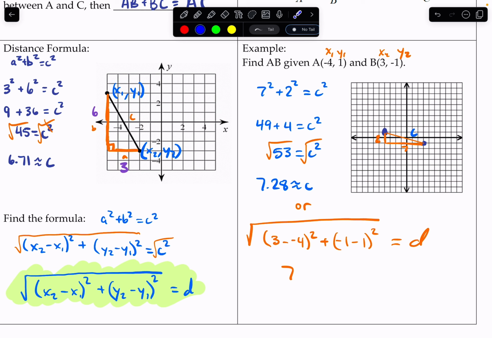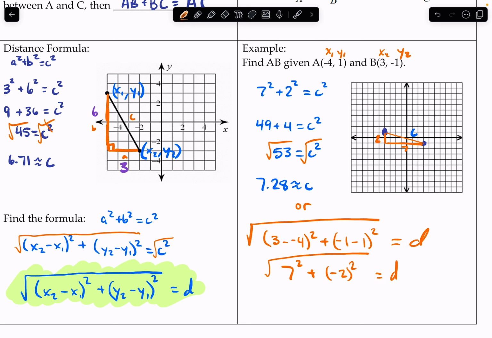That's what we got as our distance already using this other method. -1 minus 1, better not forget that exponent. -1 minus 1 is -2, but we're going to square that in a second. Even though here we got 2, well, 2 times 2 is 4, and -2 times -2 is also 4. So we're going to end up with the same answers anyway.